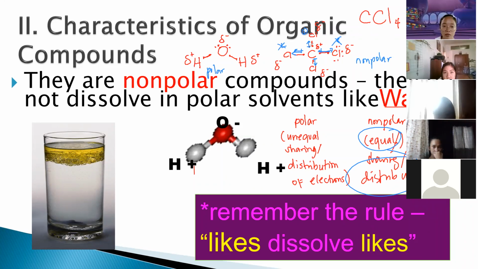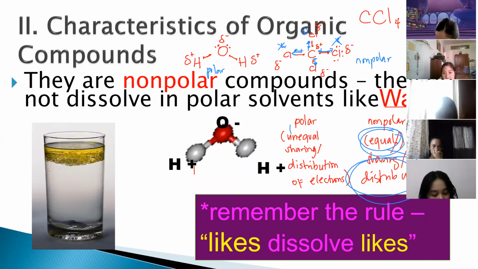That is also true for this one, going up and going down. Magka-cancel lang din yung kanilang dipole moments. Kasi going up o going down, hindi na ang electron mo-adto sa baba, hindi rin ang electron mo-adto sa taas. So ang ending niyan equal distribution lang of the electron. So that is why carbon tetrachloride is called a non-polar molecule.